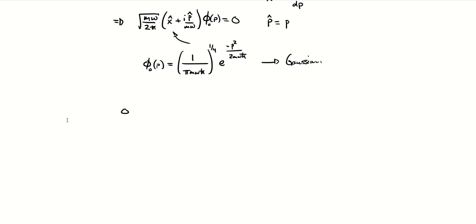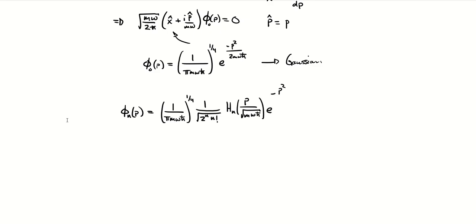What we end up getting is that the momentum space wave functions are equal to 1 over pi m omega h bar, to the 1/4, times 1 over the square root of 2 to the n n factorial, times more Hermite polynomials, H_n, this time of the variable p over the square root of m omega h bar, times e to the negative p squared over 2 m omega h bar.